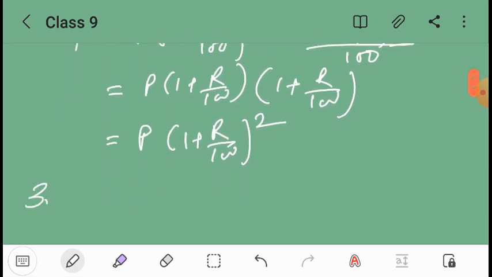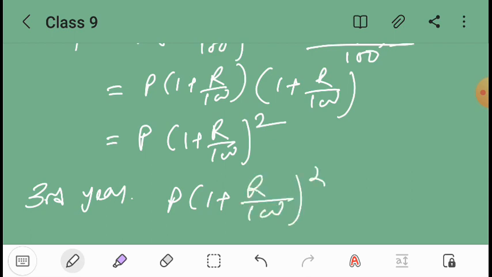In the third year, by symmetry, we can say P into 1 plus R by 100 to the power 3. That is the total amount.